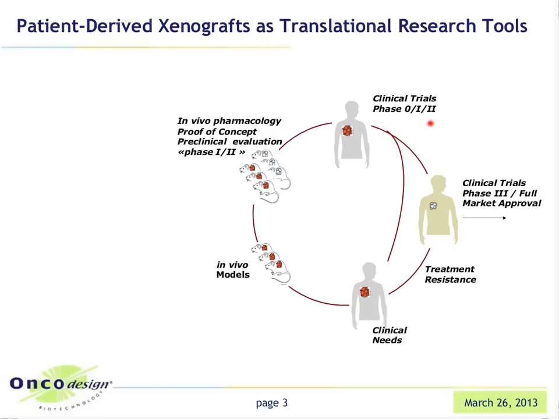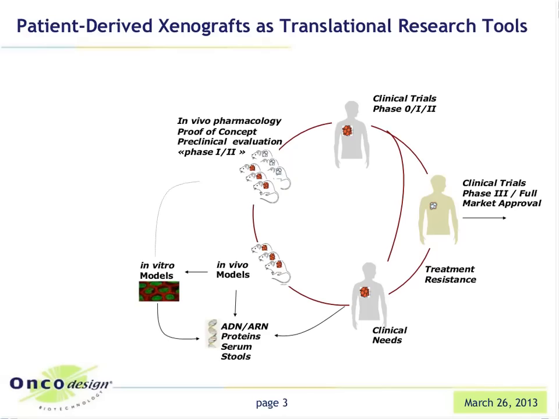And then we can go back to the clinic and evaluate if our preclinical hypothesis is valid in the clinic. From this, we either generate new clinical needs for a new collection, or we identify new treatments, new resistance to treatments, and again generate new in vivo models.